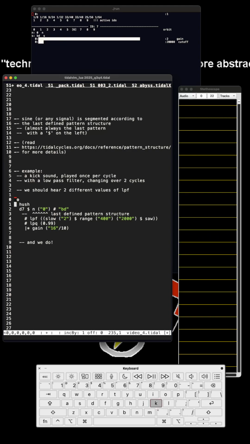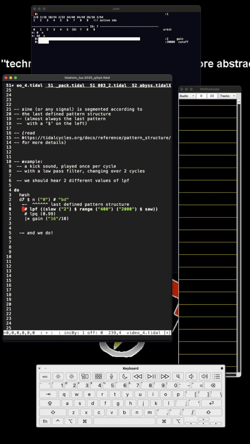So for this simple pattern example, we have a kick being played once a cycle, and the low pass filter oscillating between 400 and 2000, slowed down to go over 2 cycles. So we should hear 2 different values for the low pass filter, and we do: a low one, and then one that's higher.